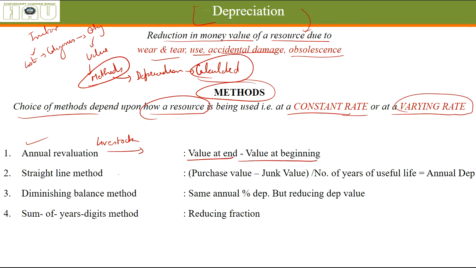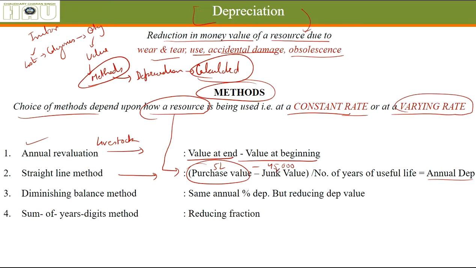simple. Straight line method, when the resources are being used at a constant rate and the rate of depreciation, the value of annual depreciation amount is the same. Straight line method: its purchase value, let's say you purchase a tractor for 5 lakh, its junk value or salvage value, that means if you take it to a junkyard, you will be getting 50,000 rupees at the end of its life.